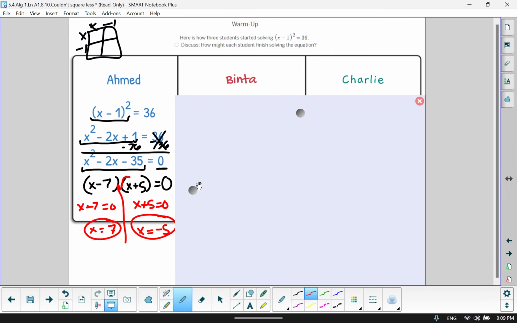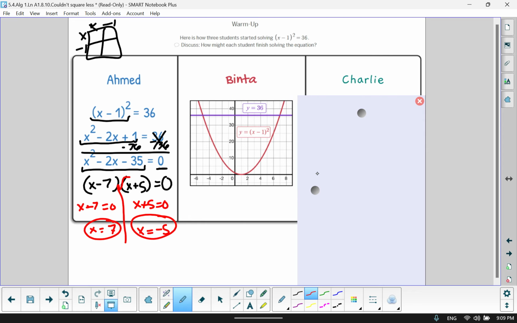Now, what you might have missed is the fact that we can actually use the graphing calculator. Once upon a time, we would graph something that looked like this, and it made a lovely U-shaped parabola. But what's interesting is you can also graph y equals 36, and you could say, okay, so when is x minus 1 to the second power the same as 36?